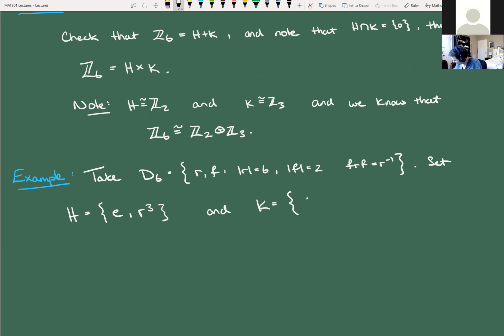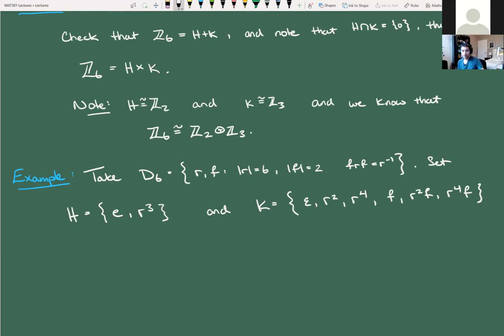So I want it to be the identity, obviously, right? R squared, R to the 4, and then I want the flip, and then R squared F, R to the 4F, like this. Okay. Let me just double check. I put the F's on the right side, just so I don't get angry at myself later. R squared F, R to the 4F, perfect.